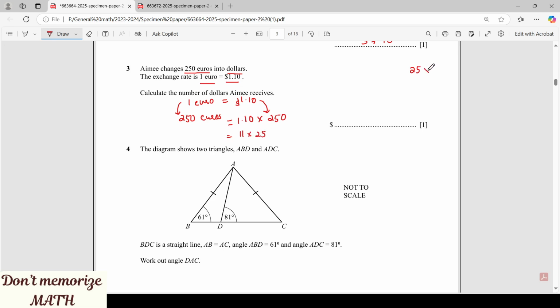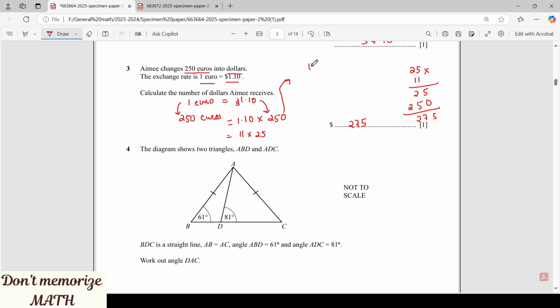So we'll just find 11 times 25. 5 times 1 is 5, 2 times 1 is 2, then add 0 here, 5 times 1 is 5, 2 times 1 is 2, so 5, 7, 2. You will get $275. Otherwise you can do it like this also. You can do any method that you already know, follow that, no problem.